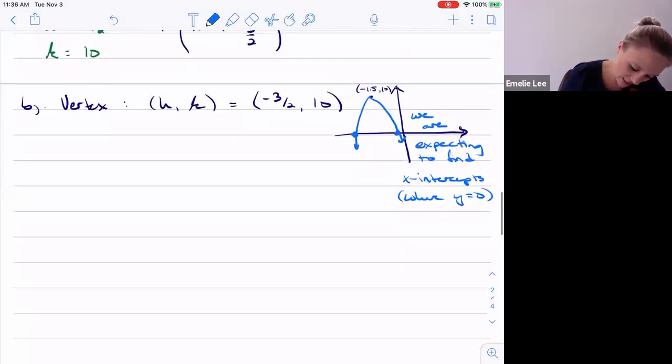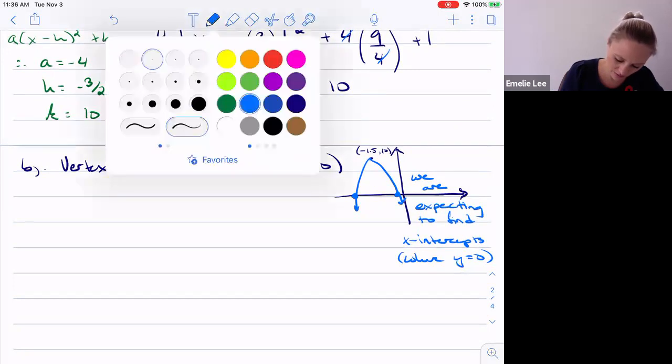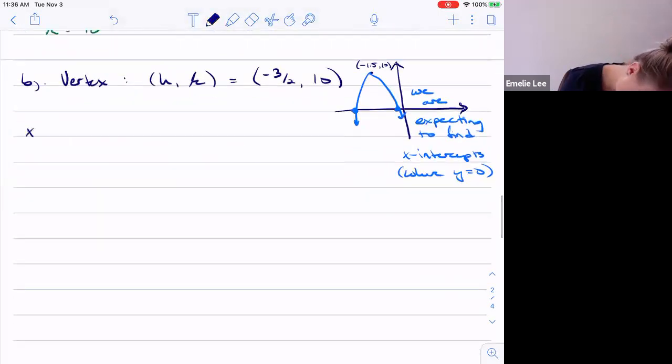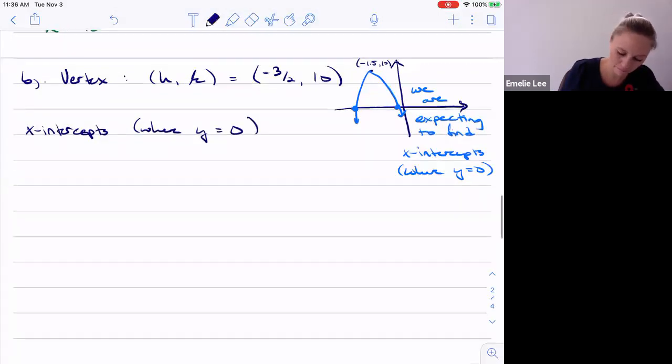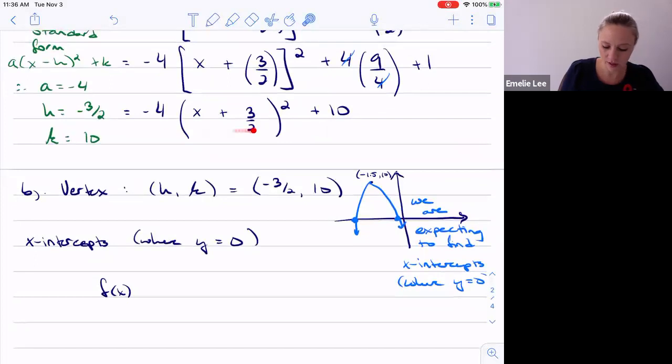So here we said where y is 0, that's our x-intercept. So let's make a note here. The x-intercepts, where y is 0. Because we worked hard for the standard form, let's just use it. You could use the quadratic equation if you wanted to, use the general form up above.